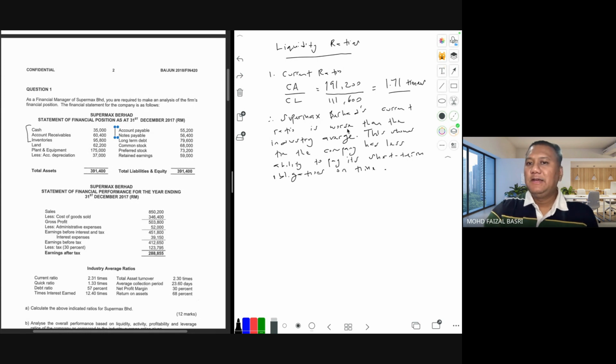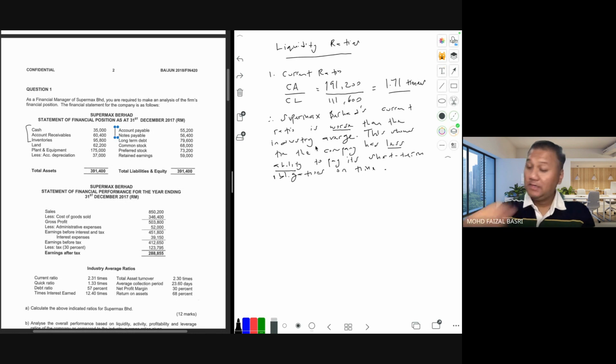So the keyword is to change the word better or worse here, and second is the word ability: less or more ability, more or higher ability, depending on the worse or better earlier. Those are some hints or tips on how to analyse each and every single ratio.